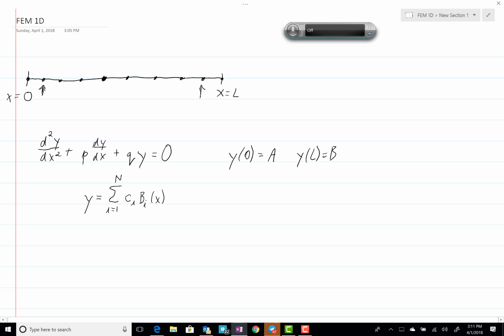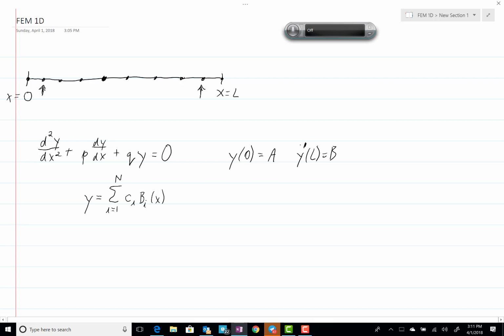Now that doesn't mean that we don't need basis functions at x equals 0 and x equals L. We would need basis functions there, and we would need weight coefficients, but they are known weight coefficients. On the other hand, let's suppose that instead of having these boundary conditions, y of 0 equals a and y of L equals b, suppose we had y of 0 equals a and y prime of L equals b.